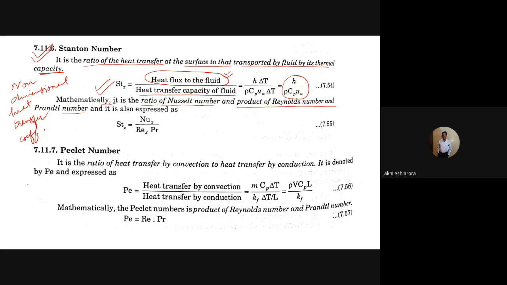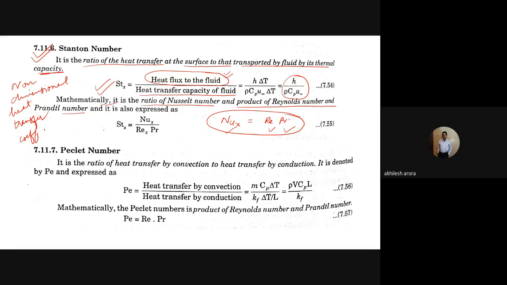You know that there was a relationship between Nusselt number, Reynolds number and Prandtl number when we solved the continuity, momentum, and energy equations, and then we found a relationship between them.